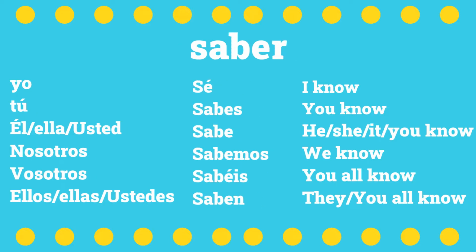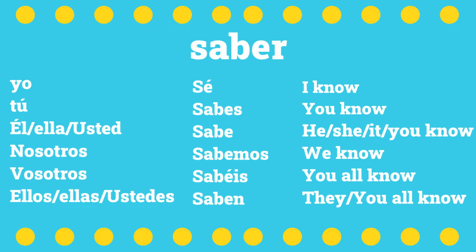Now let's take a look at how to conjugate the verb saber. It's conjugated like this. The first column is the same, you have all of your subjects, and the first one again is irregular. And this is really common: yo sé. Yo sé literally means I know.